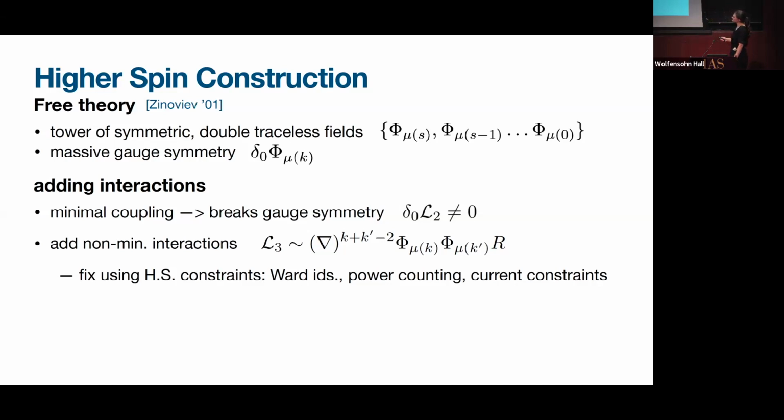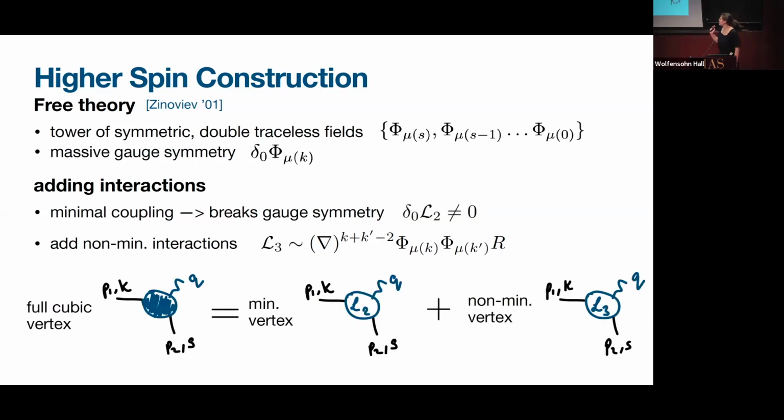The power counting is actually that we'll just consider up to an upper bound on the derivatives in the cubic interactions, and a current constraint. And I'll discuss them shortly. Let's just emphasize, though, the full cubic vertex has, you can think of it as having 2 contributions. You have a contribution from the minimally coupled kinetic term, like the free Lagrangian, and then you have the non-minimal vertex, where all the free parameters are.